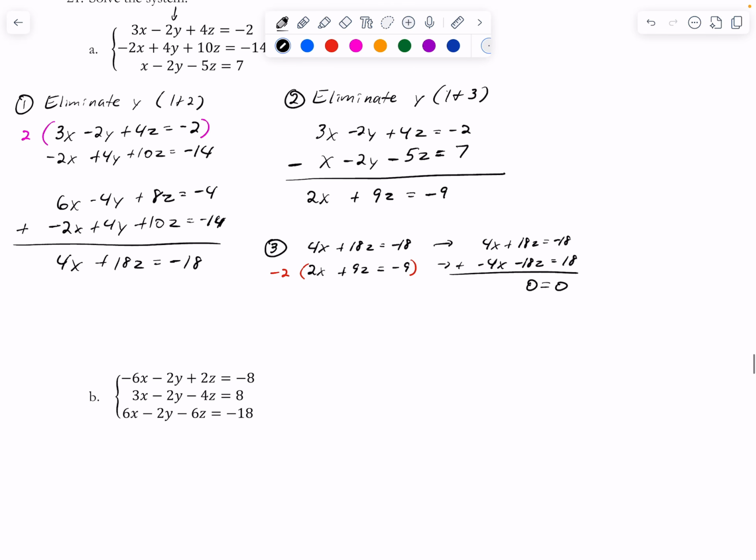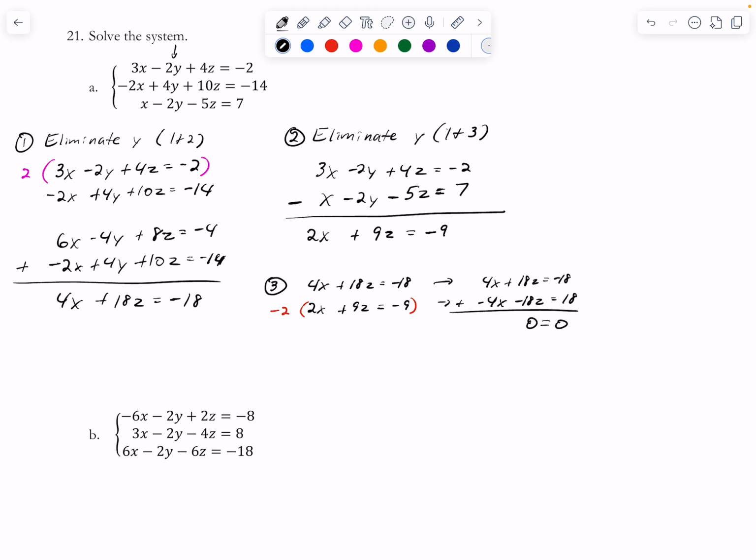Now the way we discussed this in unit 3 was if you get 0 equals 0 in this instance, like after I've already done some work eliminating, then this is going to be infinitely many solutions. And we're going to write one free variable.